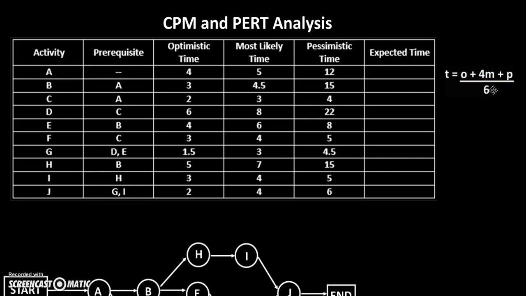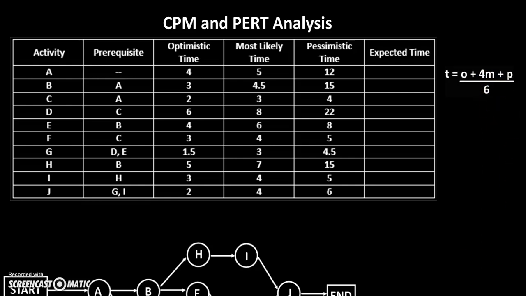The reason for that is, if you remember our formula for weighted average, we take the weights times the value and then divide it by the total weight. There's a weight of 1 here, a weight of 1 here, a weight of 4 here. So 1 plus 4 plus 1 is equal to 6, which is where this 6 comes from.